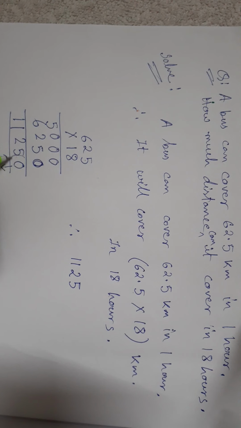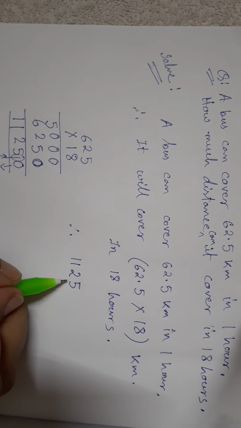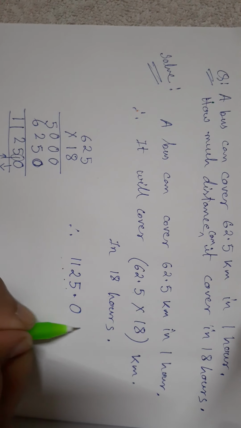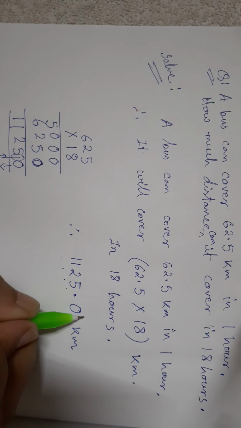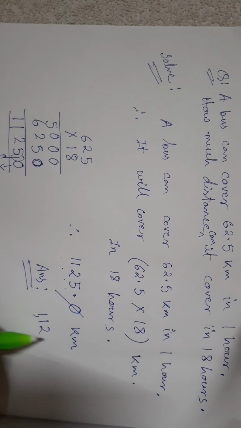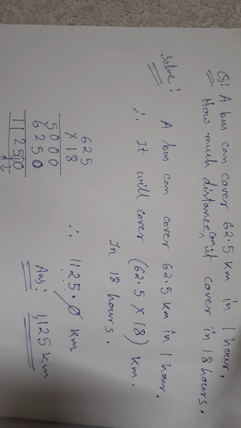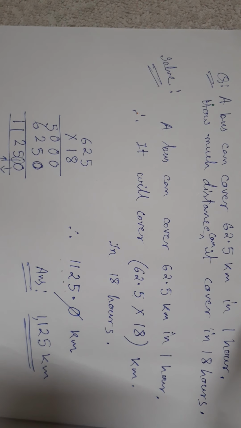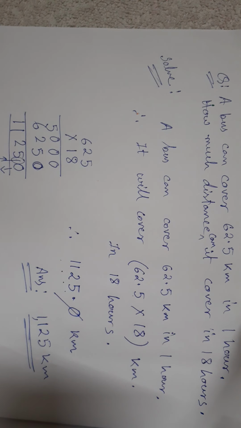This will be the place of the point. So we will get 1125.0 kilometer. You can ignore this 0 and write down the answer only 1125 kilometer. That means the bus can cover 1125 kilometer in 18 hours.